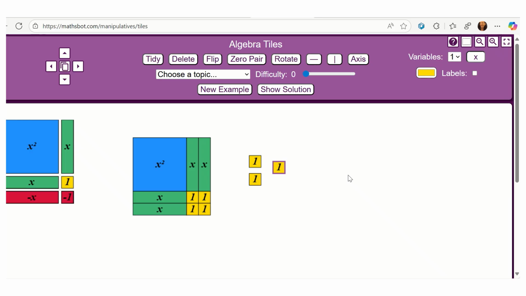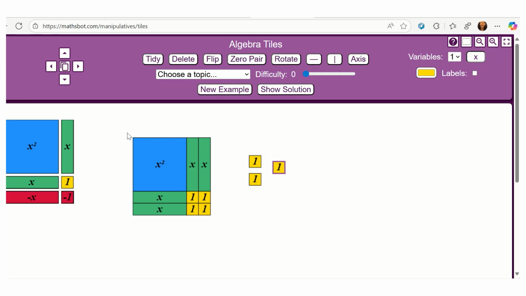Now, I want you to take a good look at that, okay? And what the dimensions of the square are. So we've got x, and remember that this is an x by x, because I know that the area is x squared. This is a 1 and this is a 1. So this entire distance is x plus 2.